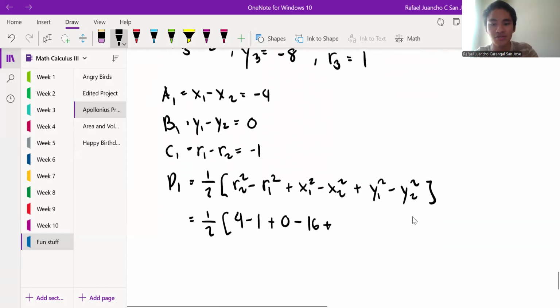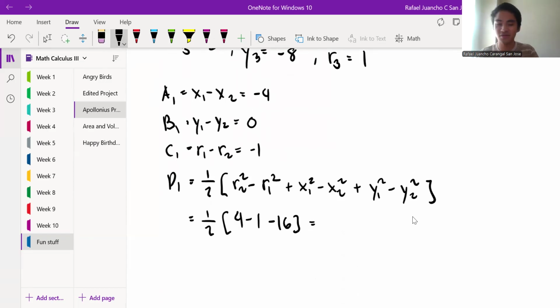And then these are all just zeros. So we just have minus 16. And then this should give us, if I'm not computing it wrong, negative 13 over 2. Now, can I... Oh, let me just do this. 6.5.